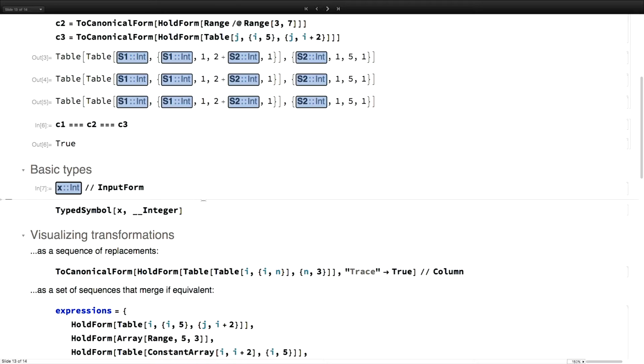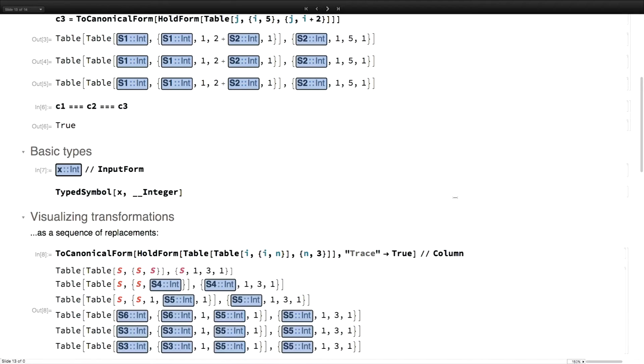So what I was mentioning earlier about how equivalent expressions should converge at some point during these transformations, you can kind of visualize that. So you can see exactly when, for example, well, first thing it does is it normalizes these names, because if this is table J, for example, how would you compare that to the iterator with I?